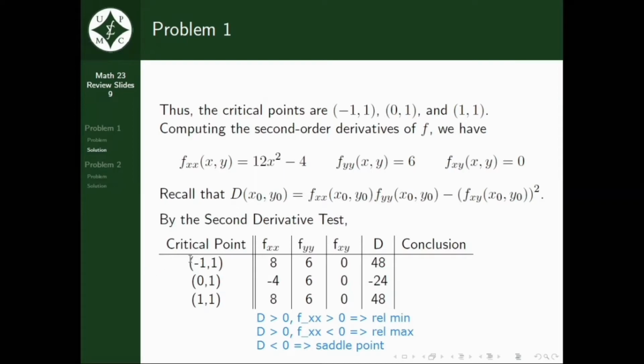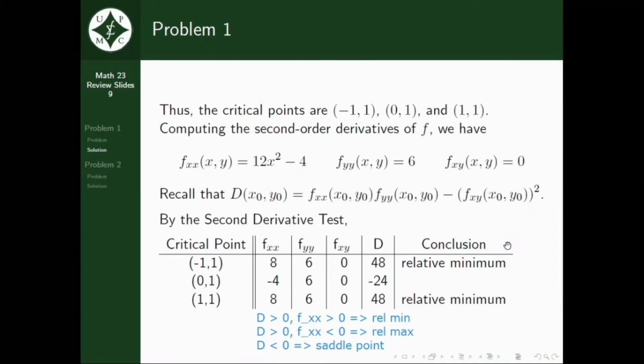So, at negative 1, 1 and 1, 1, observe that d is equal to 48. And we know that 48 is greater than 0, with f sub xx both equal to 8, which is again greater than 0. So at negative 1, 1 and 1, 1, we have relative minimum.